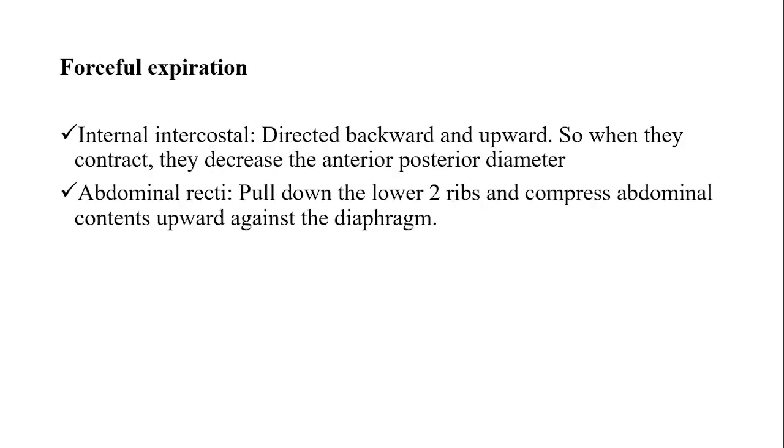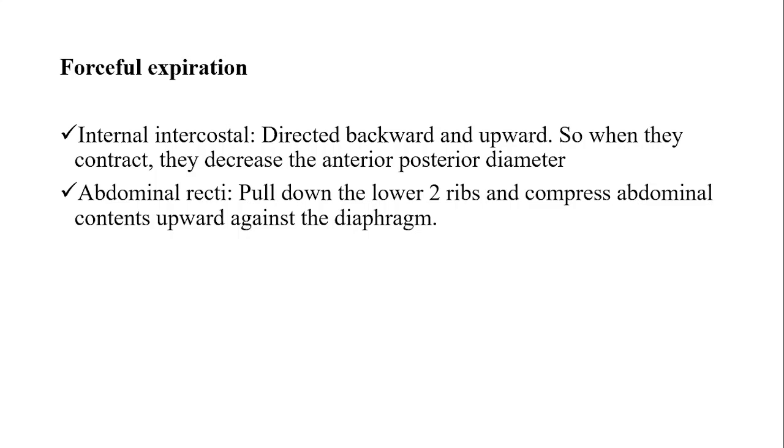But if we have inspired air forcefully, that means an increased amount of oxygen has entered our body, so there is increased metabolism, so there will be increased production of carbon dioxide. To exhale this increased amount of carbon dioxide we need forceful expiration, and in that forceful expiration the contraction of muscle is a must, and here we need the internal intercostal.